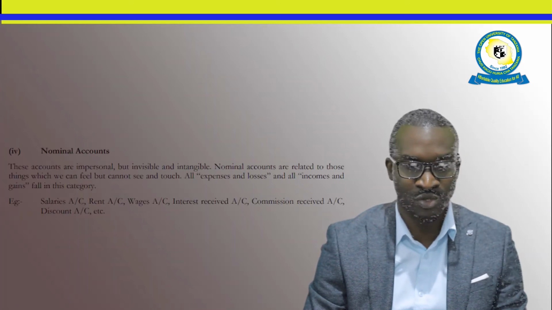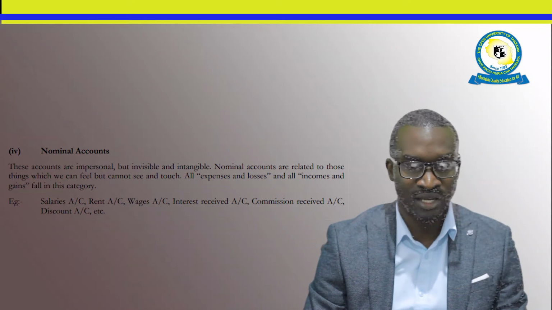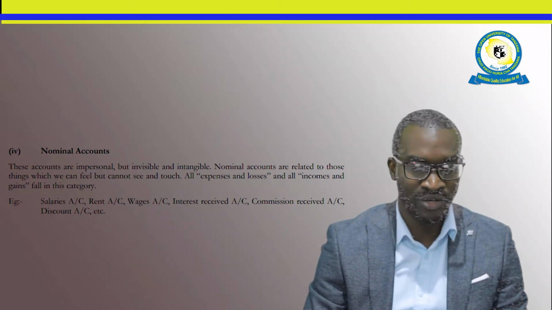And then when you talk of nominal accounts, these are accounts that also fall under the impersonal category, but they are invisible and intangible. So nominal accounts relate to those things which you can feel but you cannot see and you cannot touch.